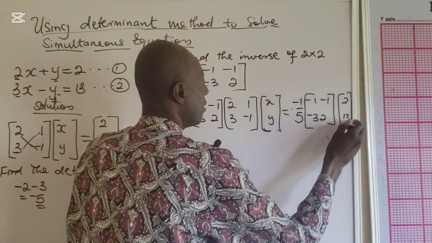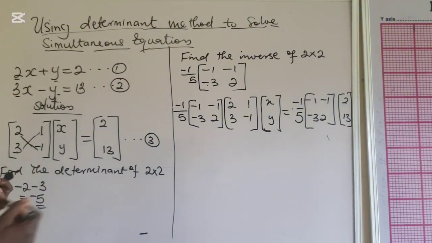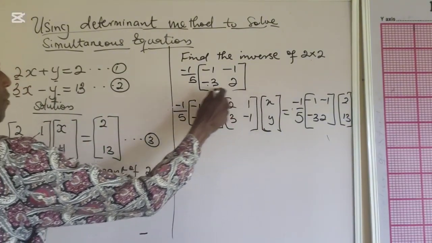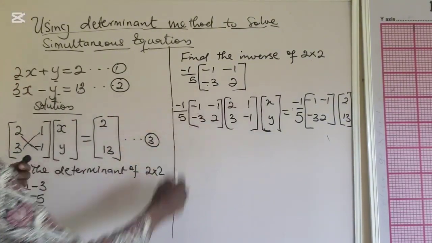If you multiply everything here, it will give you identity matrix.